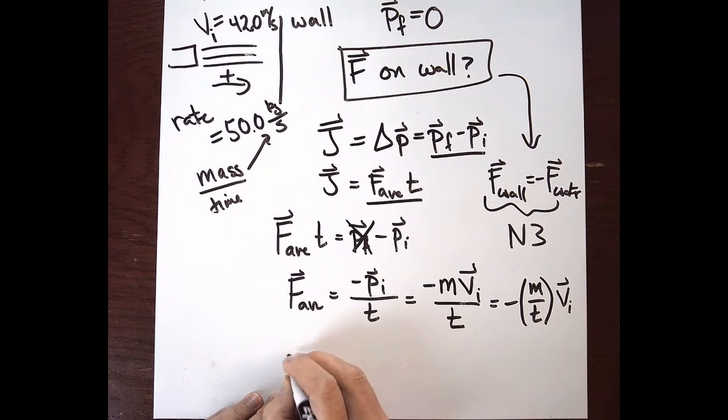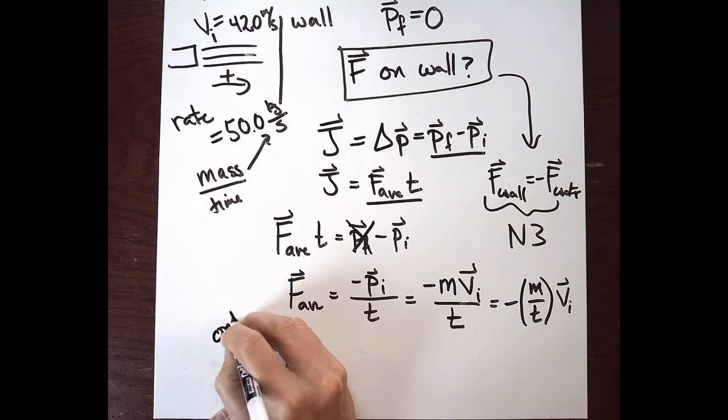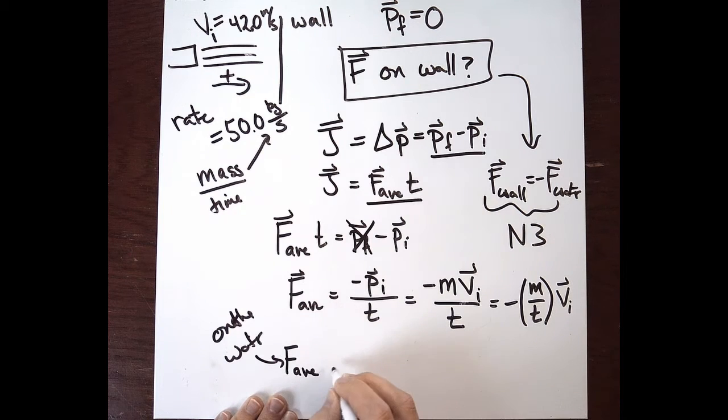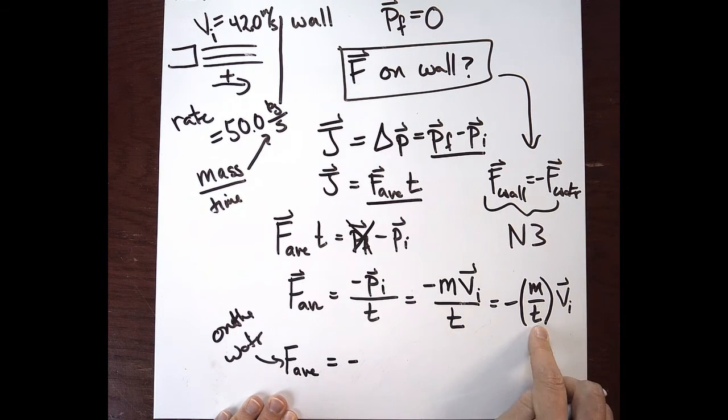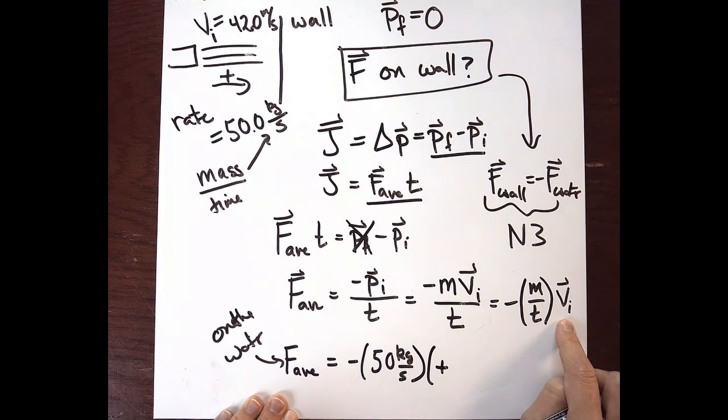We can go ahead and plug those in. So the average force, this is on the water, just to remind ourselves what we're solving for here, is negative the mass over the time, 50 kilograms per second, times the initial velocity.